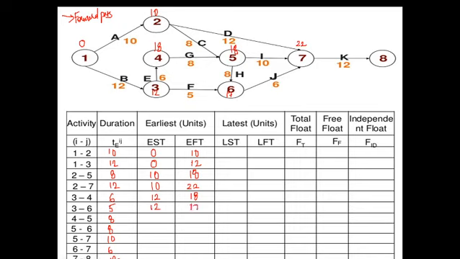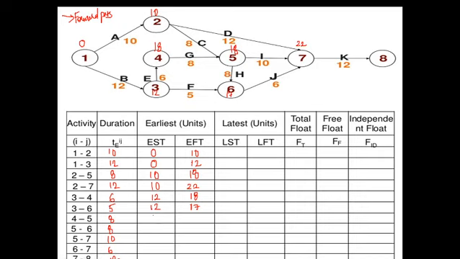12, 17. Okay. 4 to 5. Where is 4 to 5? See, 4 is 18 over here. Activity 4 is here. We have 18. 18 plus 8, how much is it? 26.